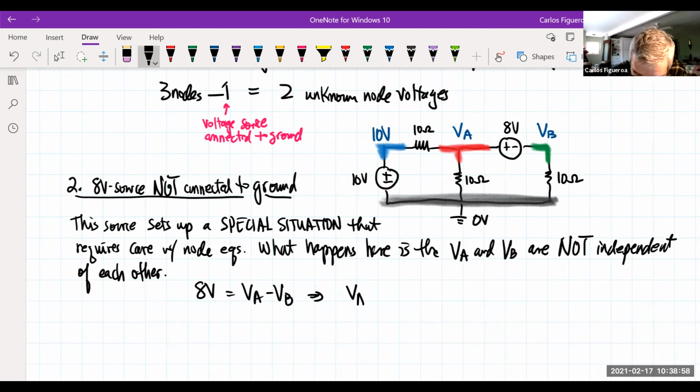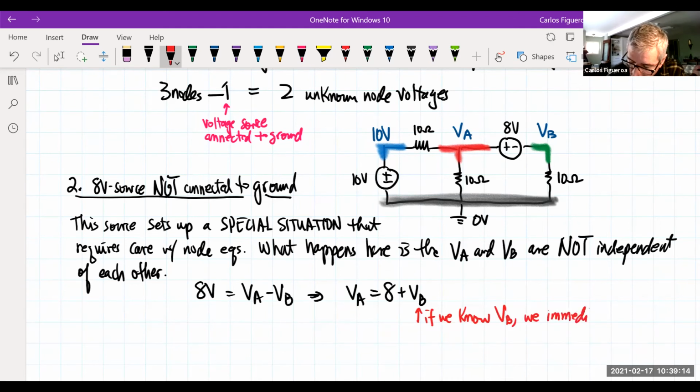if I look at VA, it looks something like this. So if we know VB, we immediately know VA. So it's really one unknown variable, not two, which is a little bit strange here.